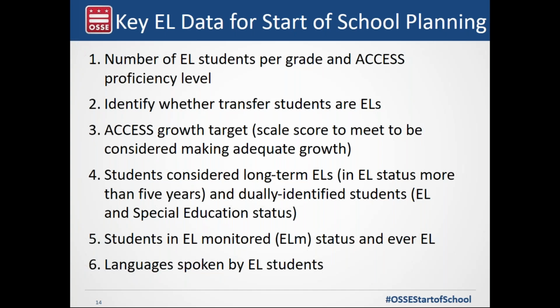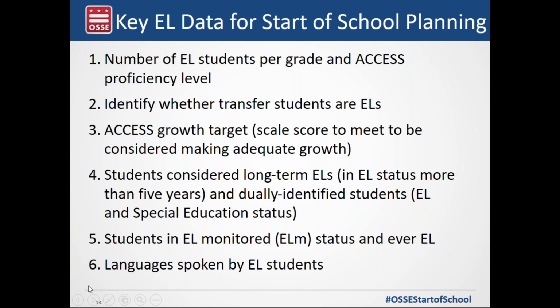Third is to look at access growth targets. Fourth is to look at data for students who are considered long-term ELs, meaning that they have been in EL status for more than 5 years, and also dually identified students, that is those students who are both English learner and have special education status.